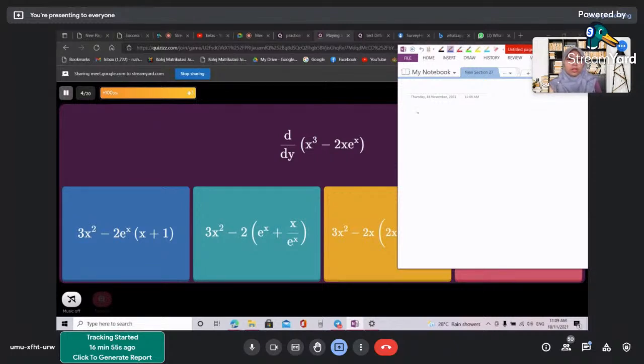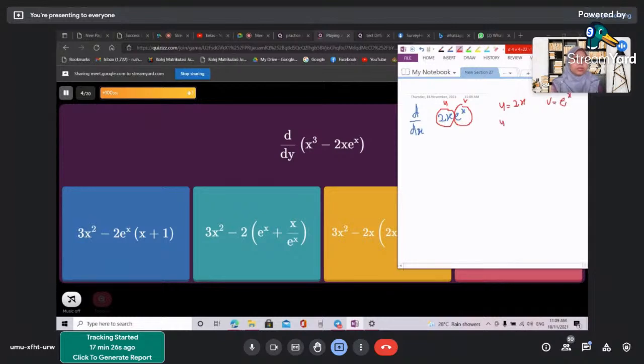Okay, so we focus on the term that needs the product rule, 2x e power of x, because it's like two functions multiplied. You can pick u, and the other part is v.